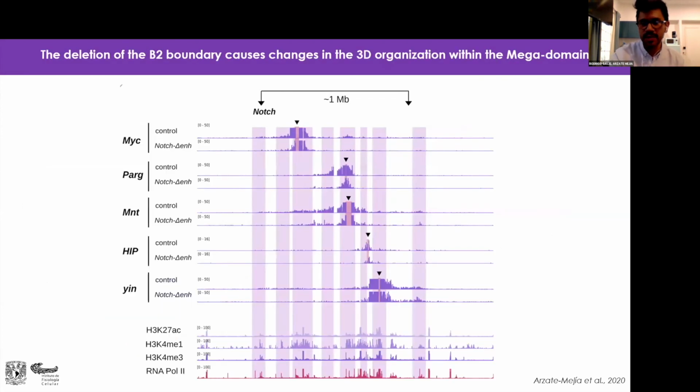This huge topological effect was also accompanied by a loss of interaction for the promoter regions of many of the genes that were located inside this huge domain.